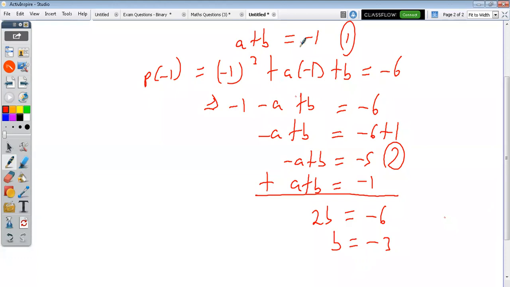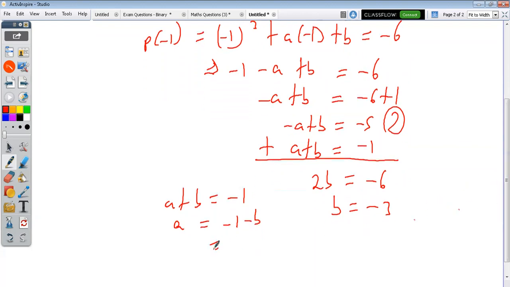But we said a plus b was equal to minus 1, which means a is equal to minus 1 minus b. So that's simply minus 1 minus 3, which is simply equal to 2. Clear?